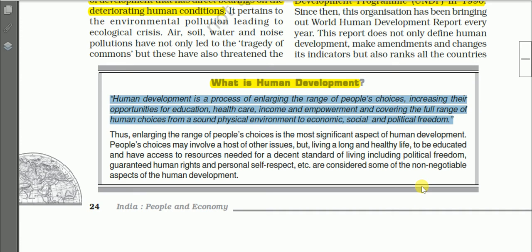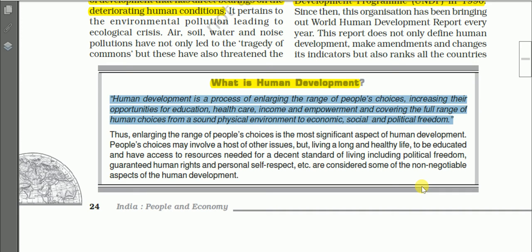In short, human development is the process of enlarging the opportunities. Choices here means the opportunities. The government must give opportunities, and the people will be free to choose.